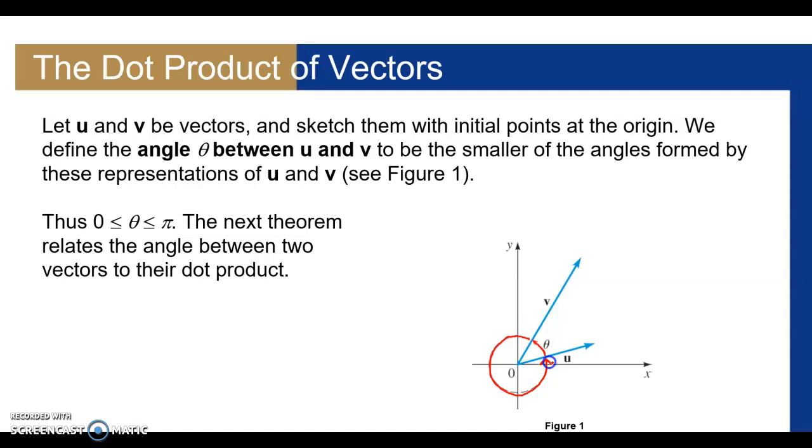When we're talking about the angle between two vectors, that theta, we're always going to be talking about that smaller angle. So theta should always be between 0 and pi. It shouldn't be larger than pi, because if it's larger than pi, then that means it's gone more than halfway around, so there should be a smaller angle.